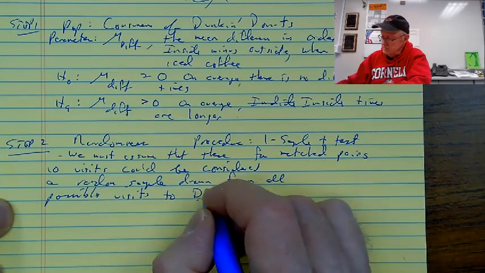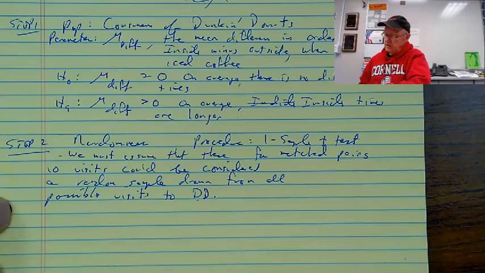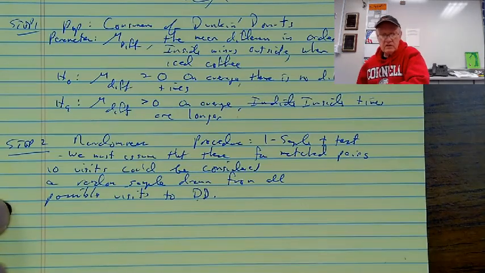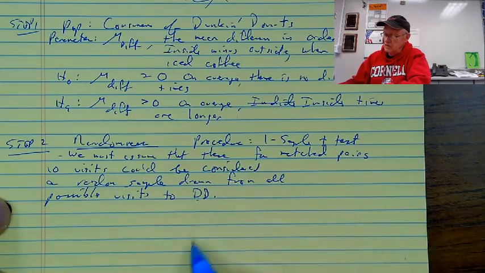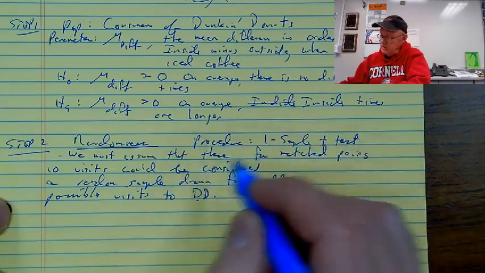So that's kind of an interesting condition in this case. I think the way we did it is pretty good. We have to assume these 10 visits could be considered random.